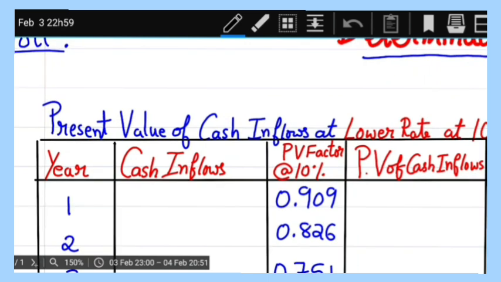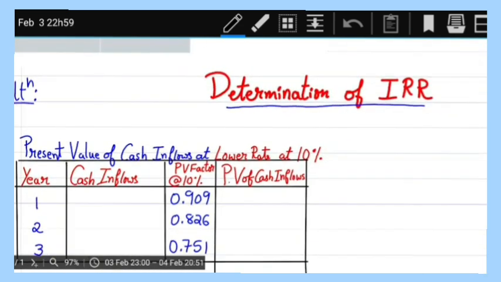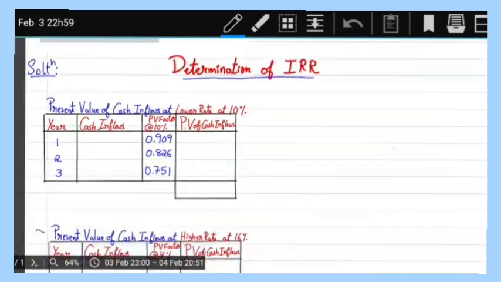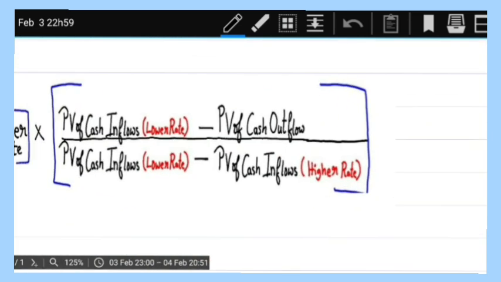After writing this heading, you have to draw this table. First is year, then cash flows, then present value factor at 10%. The next column is present value of cash inflows.